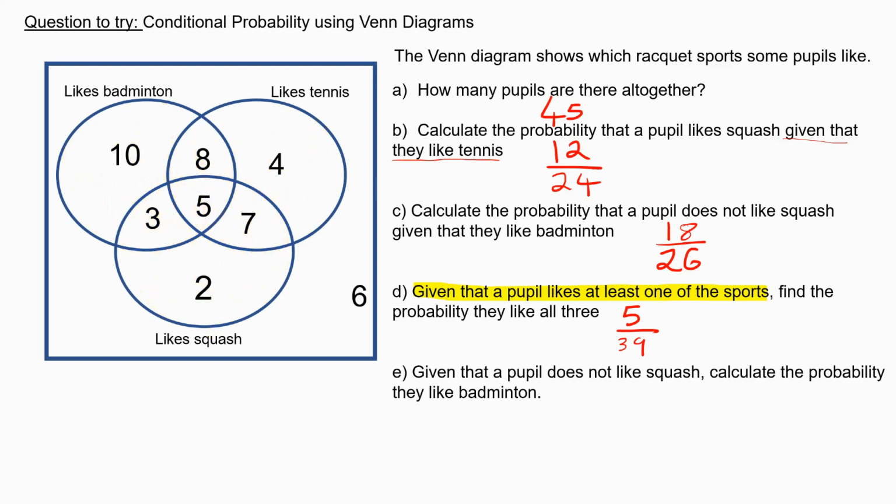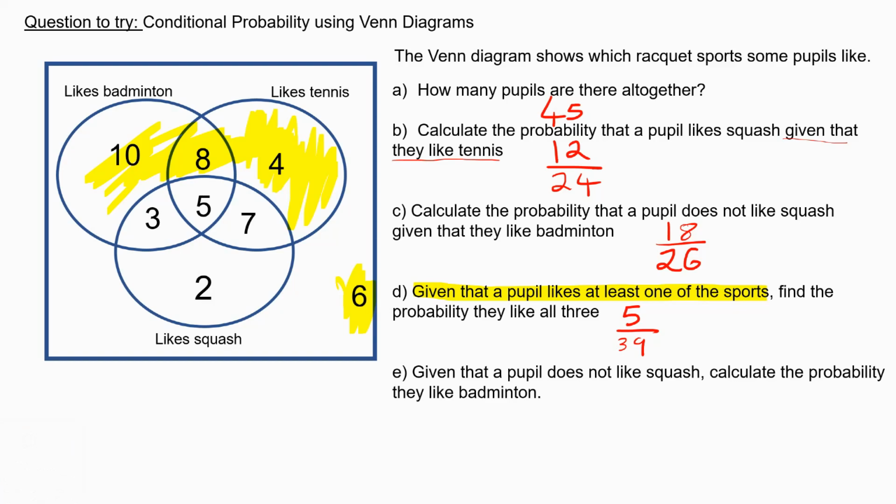Finally, for E, given that a pupil does not like squash, calculate the probability they like badminton. To work this out, I need to focus on the part of the Venn diagram which says that pupils do not like squash, which is going to be all of this. So that includes the people that like badminton but not squash, people that like tennis but not squash, and of course the 6 who like none of the sports.